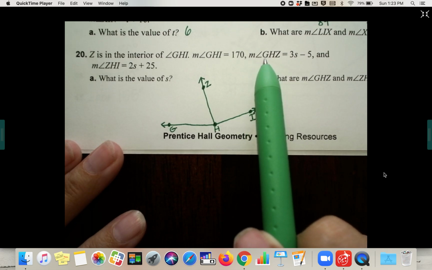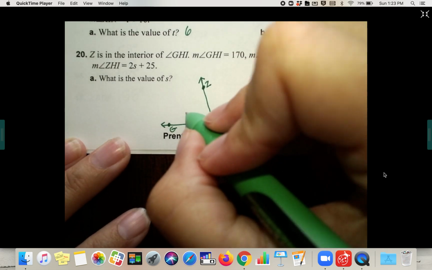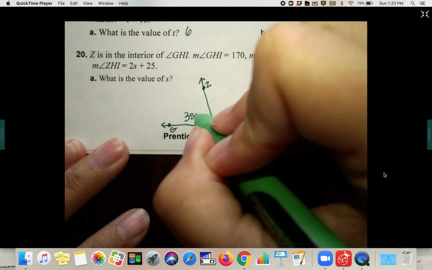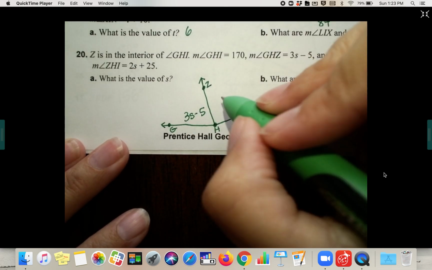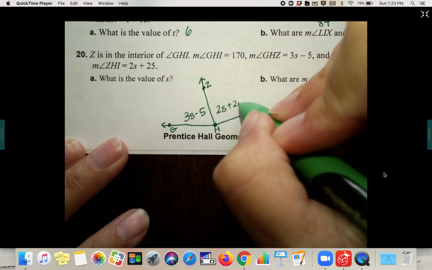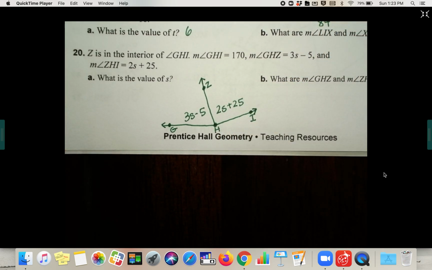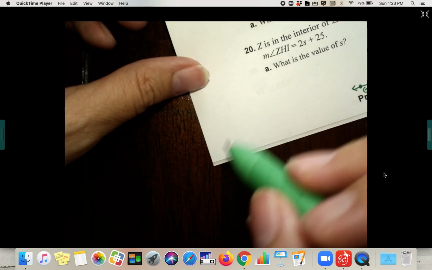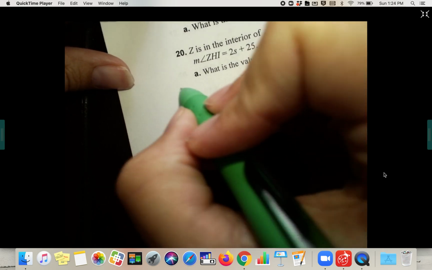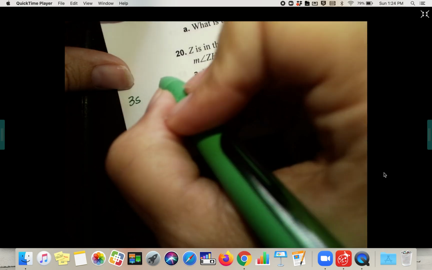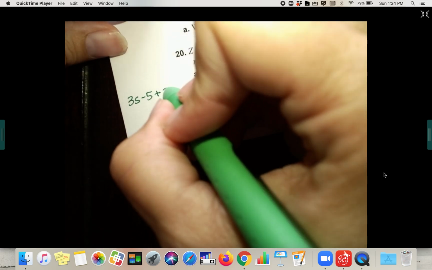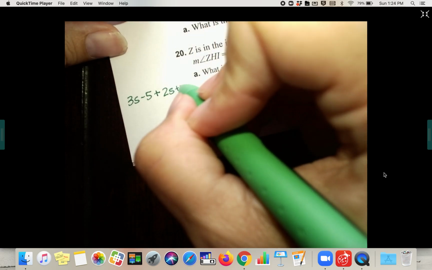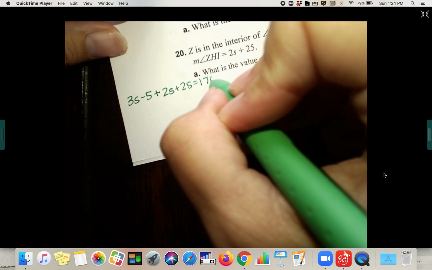It says the measure of angle GHZ is 3S minus 5, and the measure of ZHI is 2S plus 25. I'm going to add those up and make them equal to 170. So 3S minus 5 plus 2S plus 25 equals 170, because we're using addition.